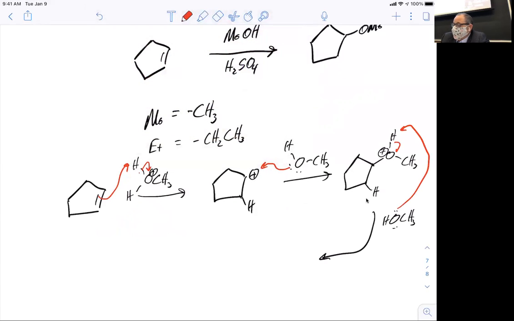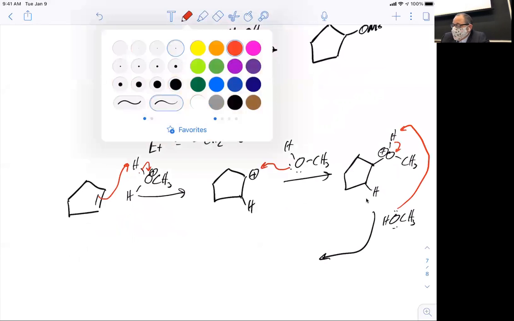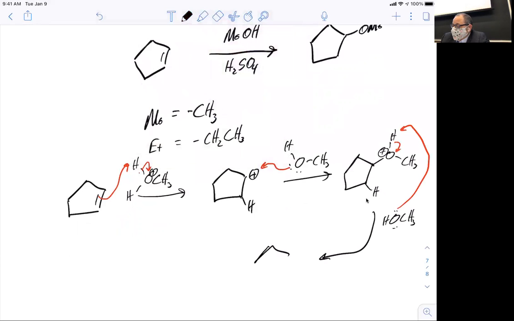And then we get a proton transfer to get to the final product. Right? So this is hydration of an alkene, but instead of using water, we're using an alcohol. Same reaction we saw earlier.